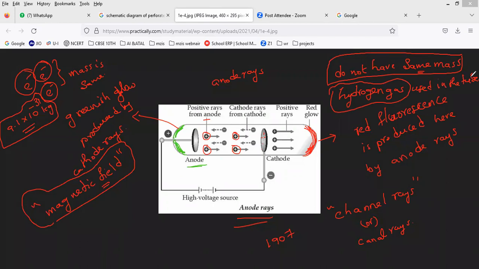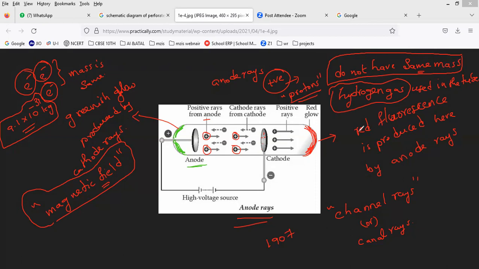Those positive particles are what we call protons.